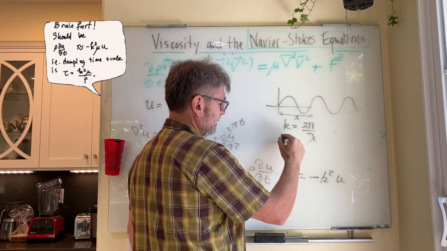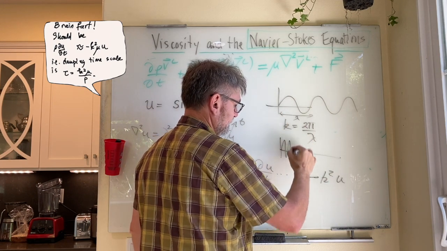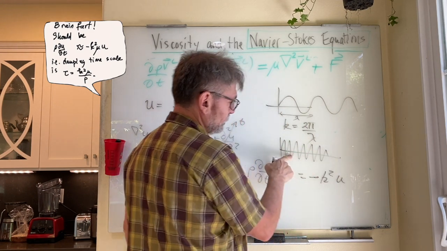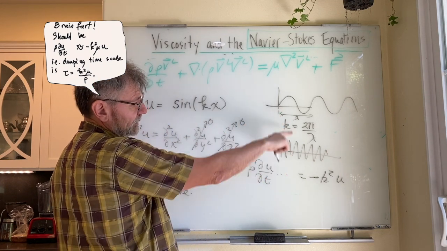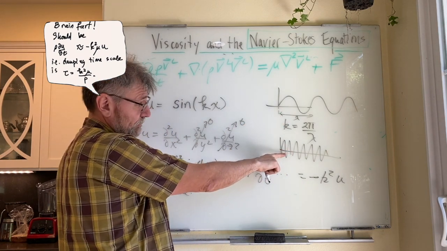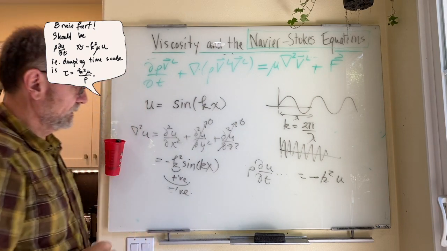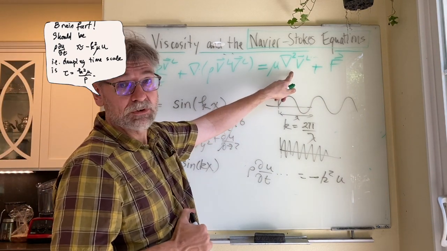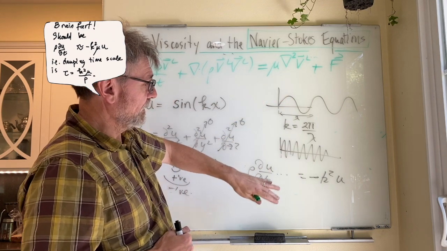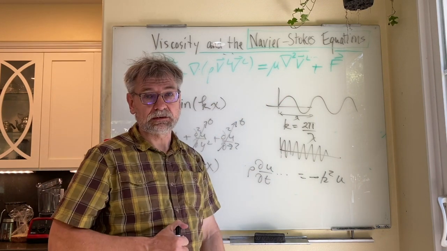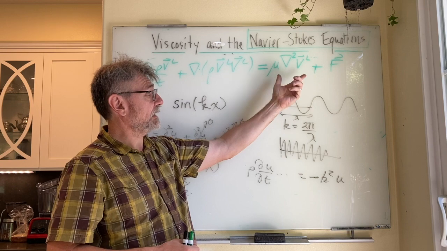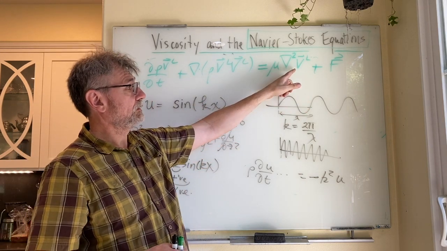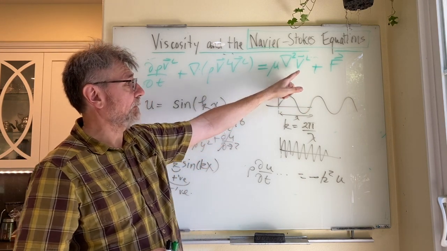So if I have another wave that looks like this, this one will damp out much faster than this one, because for this one the k is much smaller. The k goes like the inverse wavelength. So this Laplacian operator has the virtue of damping out small scales much faster than large scales. So in fact, the very large scale flow is going to get only very weakly damped.